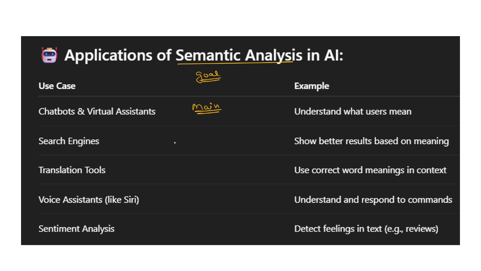Real life use can be your Google search, Alexa, Chat GPT, translation tools. All these are using semantic analysis these days. Now let's talk about some challenges. So words with multiple meanings, sarcasm, contexts, it becomes sometimes difficult to get the proper meaning of such terms.